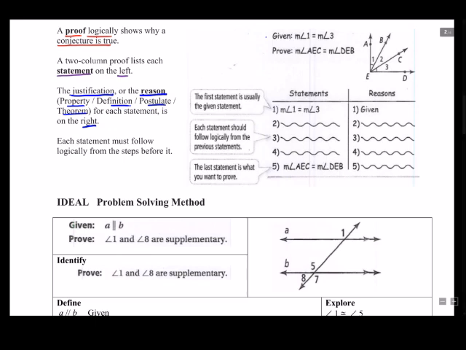And we just write them in 2 columns. Generally, you start with your given information. You don't have to. It may fit better somewhere else. And then you work your way through step by step, just like solving an equation for a variable, until you have proven what you were asked to prove.